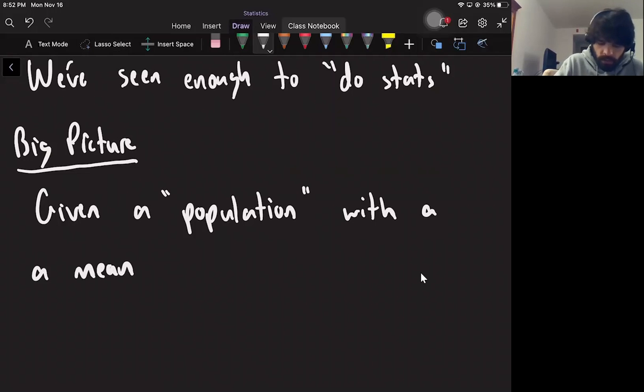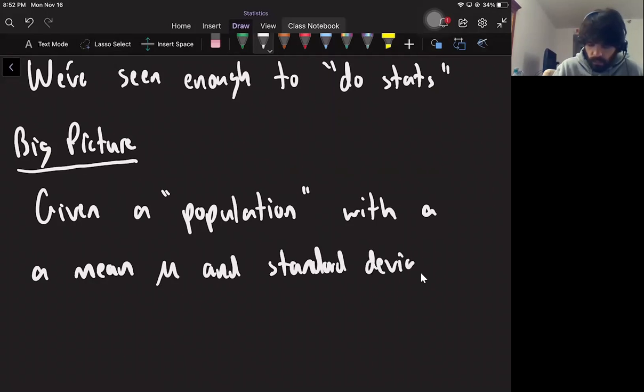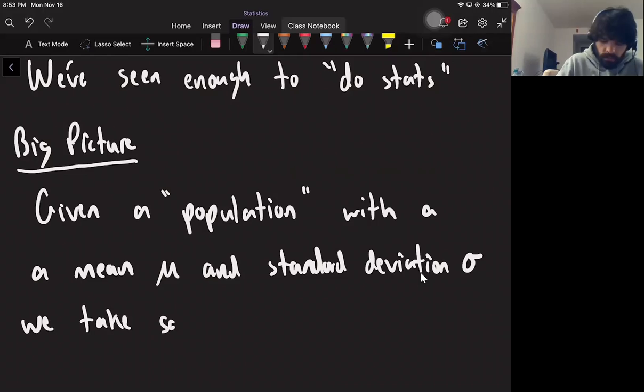And I'm going to use this fancy Greek letter mu instead of m. And it has a standard deviation, sigma, another fancy Greek letter. What we do is we take samples. So this is the first big picture idea.